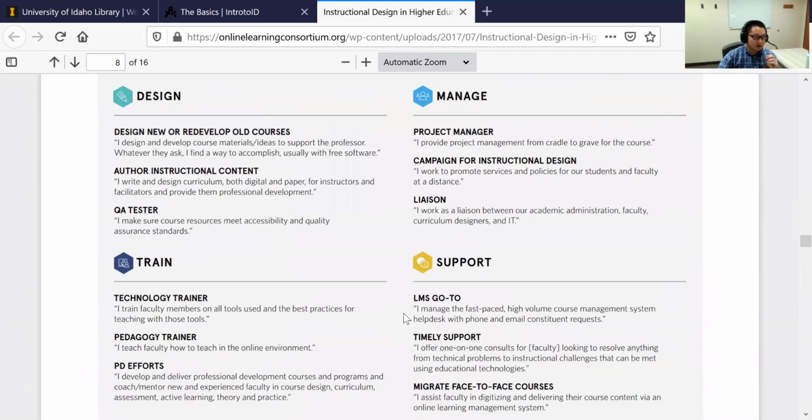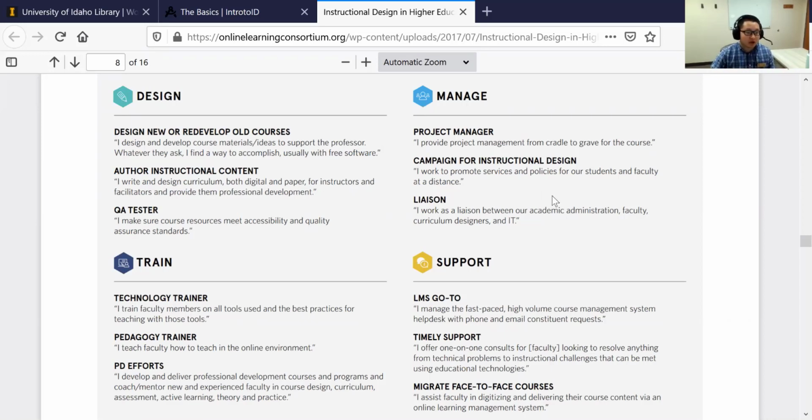Other things that instructional designers are responsible for: they train instructors on new technologies, and they also teach pedagogy, in addition to professional development classes. Sometimes they manage projects, especially if they are working with different faculty members on many different classes and projects.